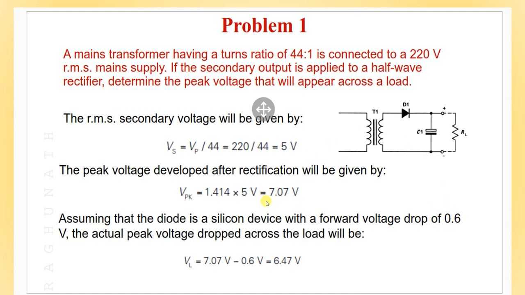Out of 7.07, 0.6 will be absorbed by the diode, and only the remaining voltage appears across the load. So we got a step down voltage of 5 volts RMS, multiplied by root 2 gives the peak value, and out of this peak value, 0.6 is absorbed by the diode and the remaining appears across the load.